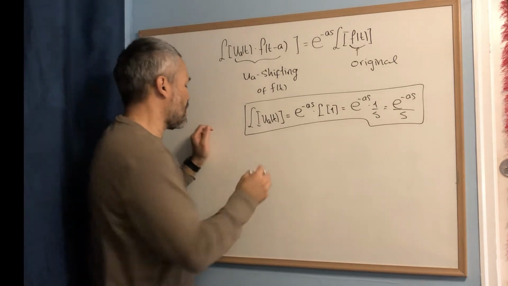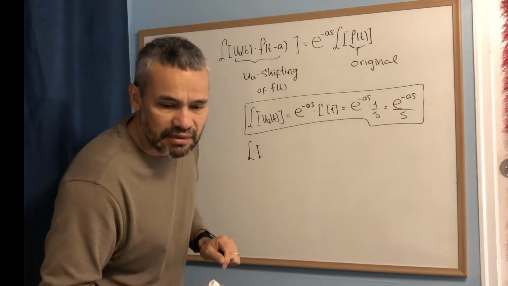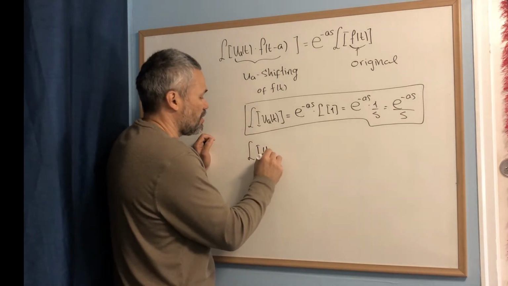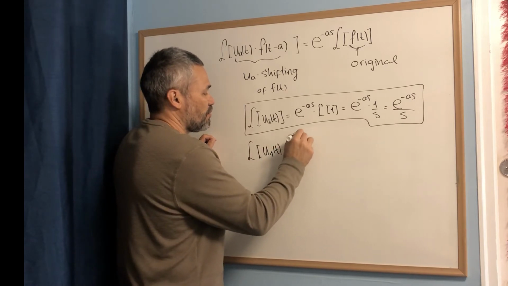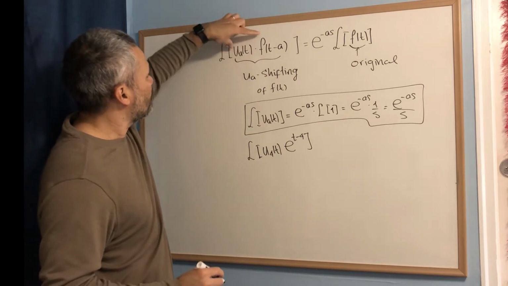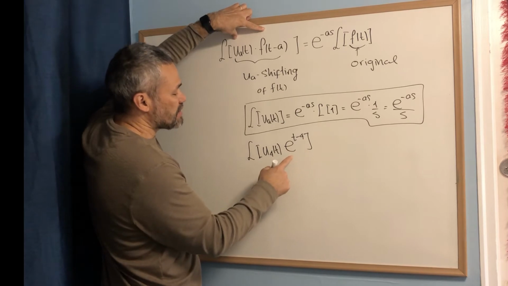Let's do another one. Laplace transform of u4 of t times e to the t minus 4. Then we have the u4 shifting of a function. What is that function?